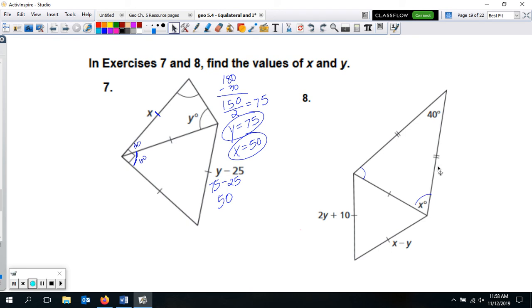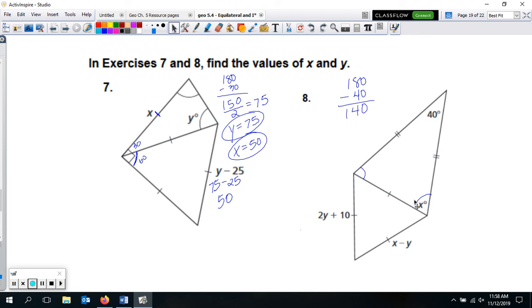So we could start off by figuring out what x equals here, because we can do it the same way as we did this one. We know that this is 40 up here, and all the angles inside here add up to 180. So we can start with 180 minus 40. 180 minus the 40 degrees will give us 140 for the two of these together.